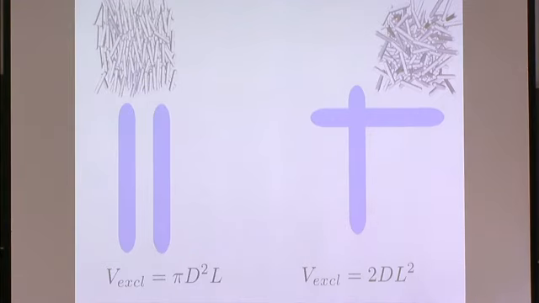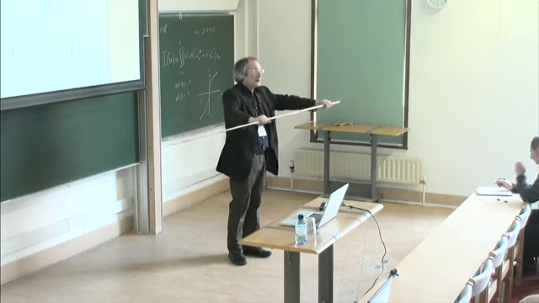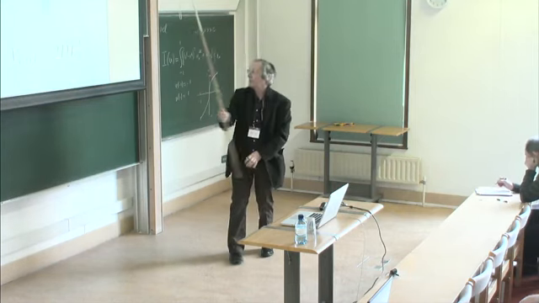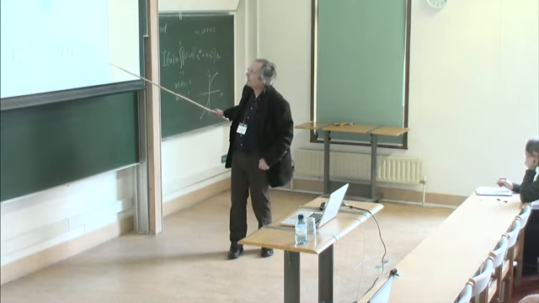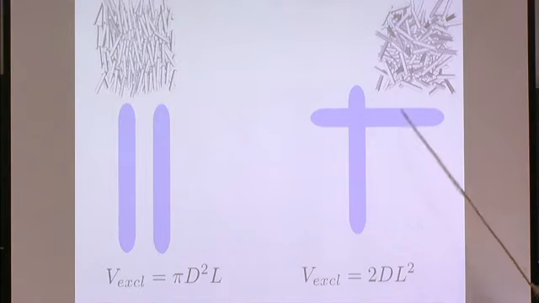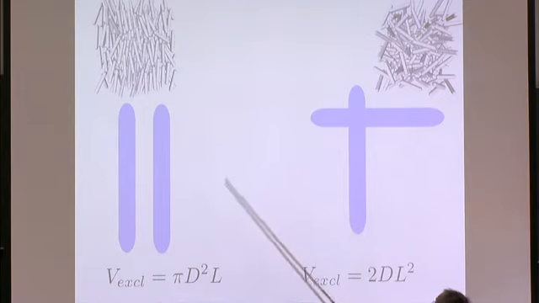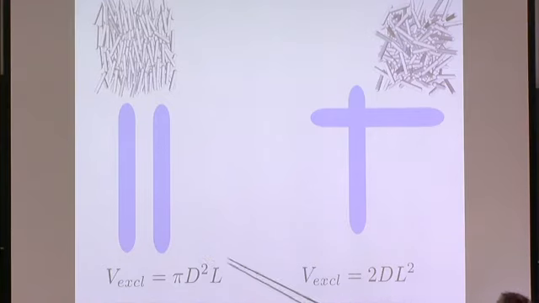So it's basically a flat square box with a thickness 2D and a side L that is excluded. That's a fairly large excluded volume, certainly if L goes to infinity. In contrast, the excluded volume, if the two rods are parallel, is much smaller, because this is D squared L and this is L squared D. So this is of order D over L smaller than that one.